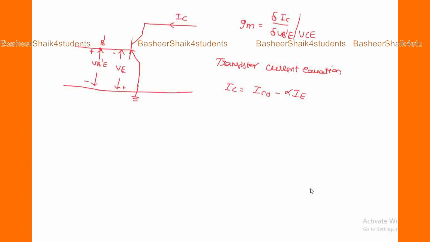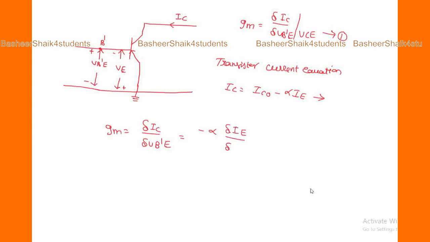Now in order to prove the transconductance, perform differentiation on both the sides with respect to the VB'E. So Gm is nothing but change in the IC with respect to change in the VB'E. Here the IC naught is the leakage current, and the differentiation is only carried over IE.